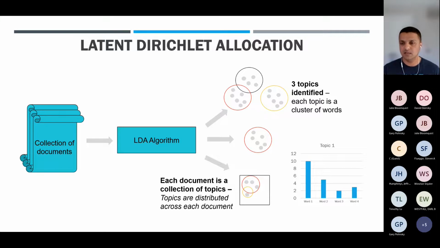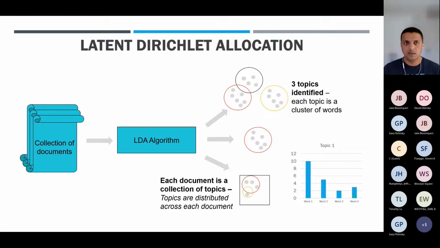Now, what exactly is a topic? A topic would become a collection of words, or I should say it the other way around. A collection of words becomes a topic. All of this would become clearer as we walk through the algorithm.